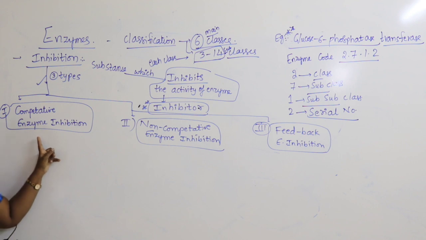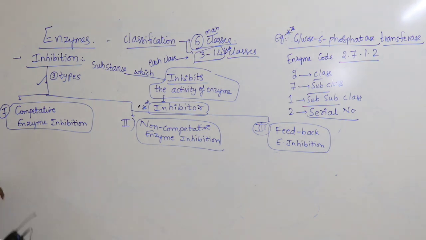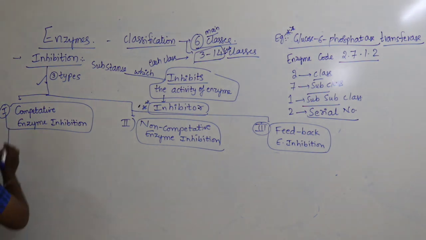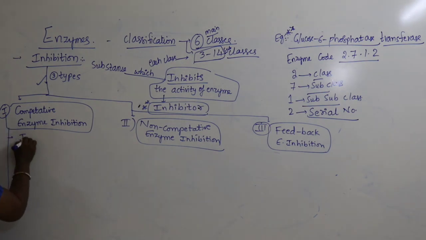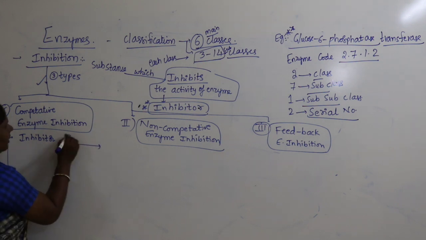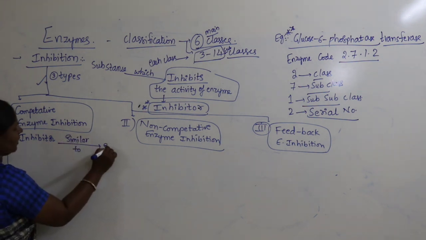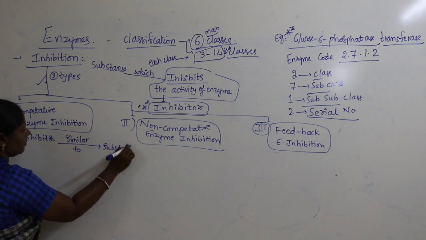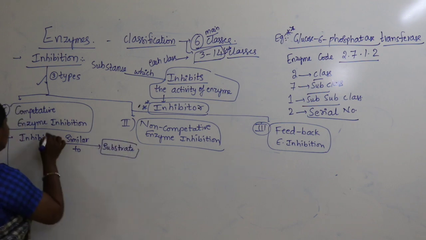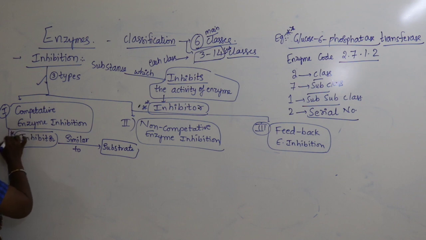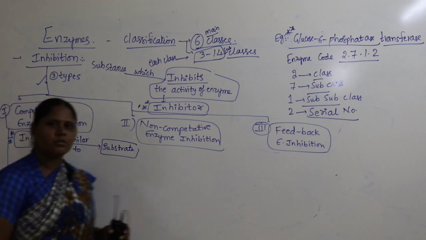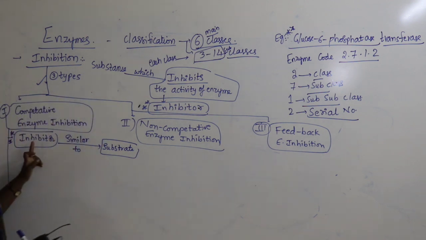First one is competitive enzyme inhibition. So what is competitive enzyme inhibition? Here the inhibitor looks similar to the substrate.